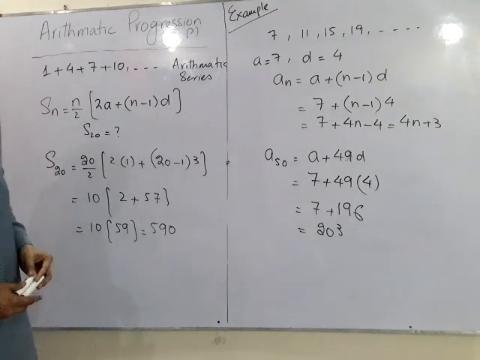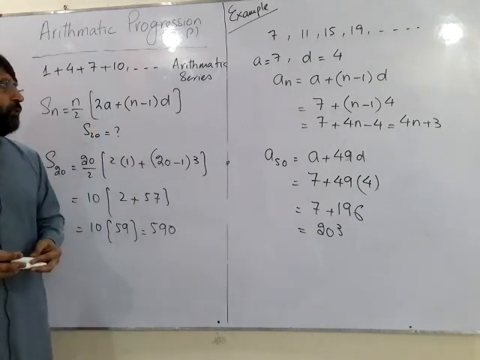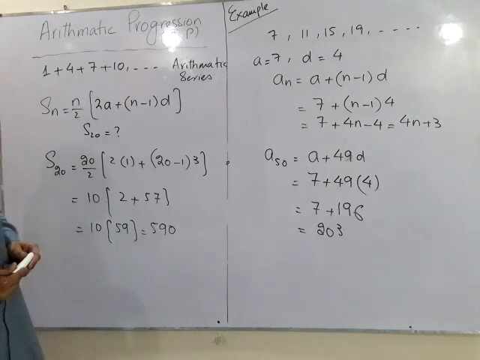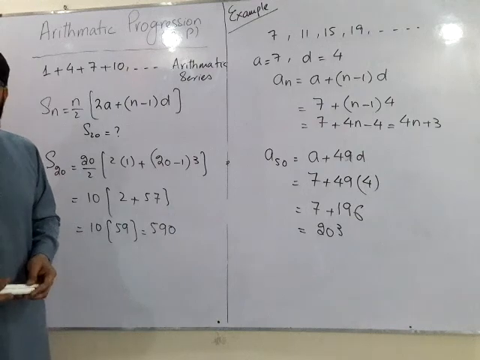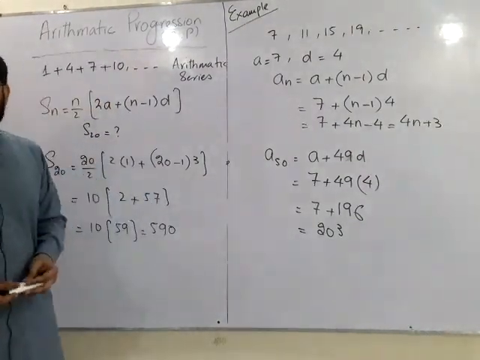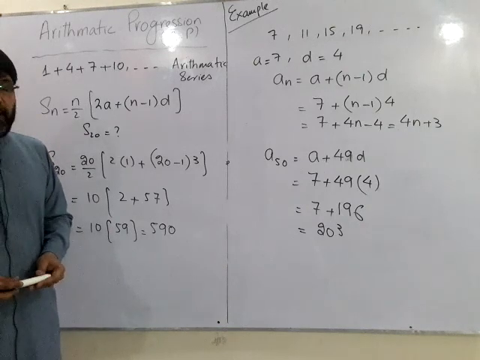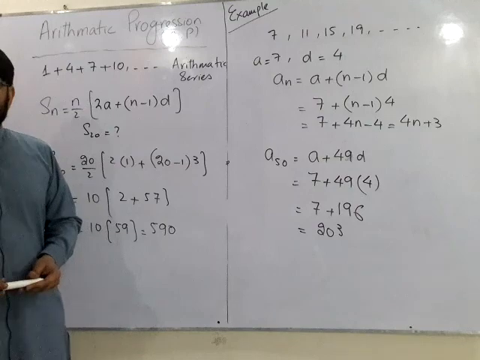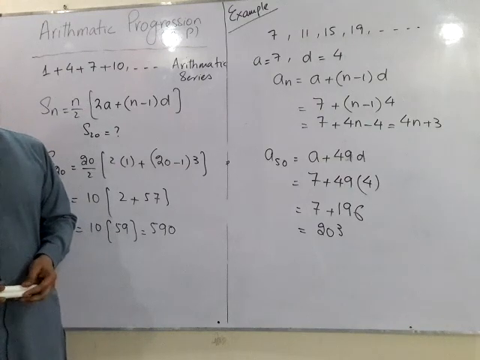I hope this small session will be helpful for finding the sum of a number of terms, writing the general rule for an arithmetic progression, and finding a specific term. You can use these basic ideas in your questions for the AS paper.